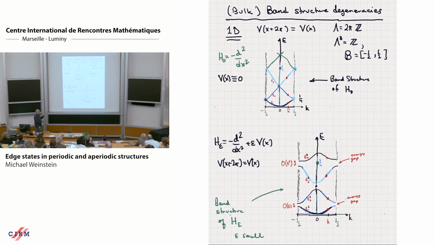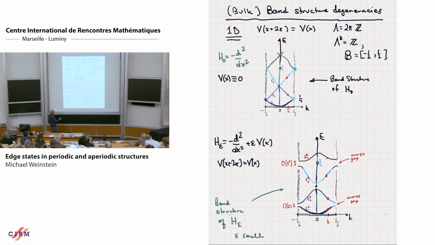So for example, if V hat of 1, the first Fourier coefficient of V, is non-zero, then you'll get a splitting at these points. Depending on the regularity of the potential, the splitting may occur like order epsilon, epsilon squared, et cetera.